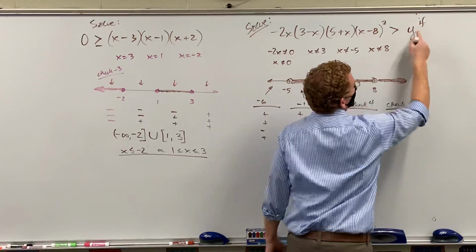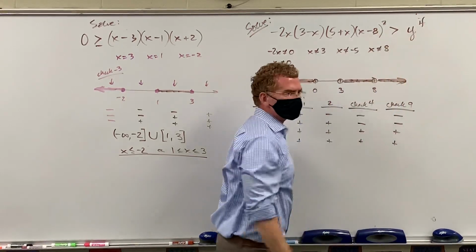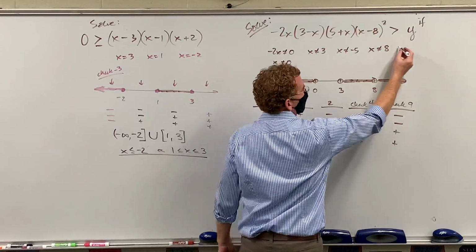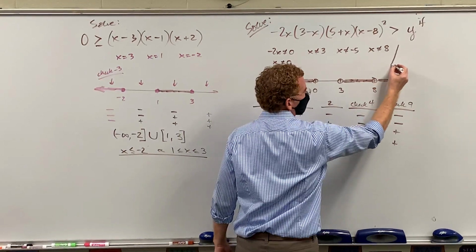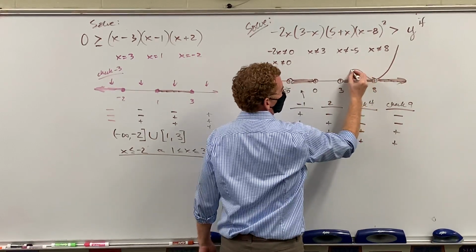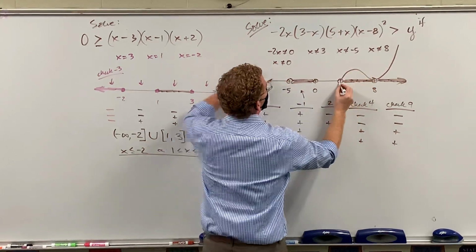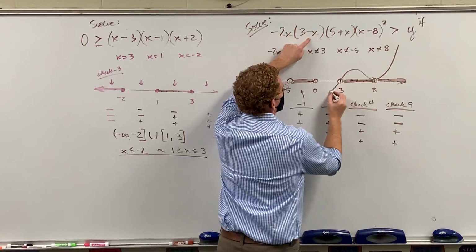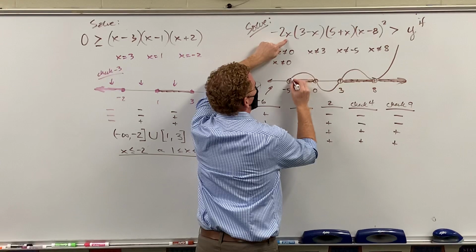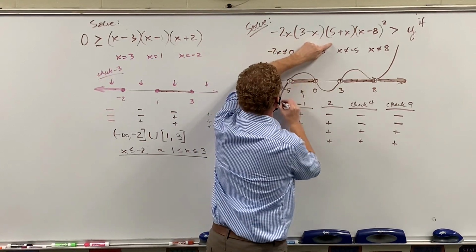If this would be y less than, the function's going to come down, bounce off the 8, but then cross through the 3, because that's a single root, cross through the 0, because that's a single root, and then cross through the -5, because that's a single root.